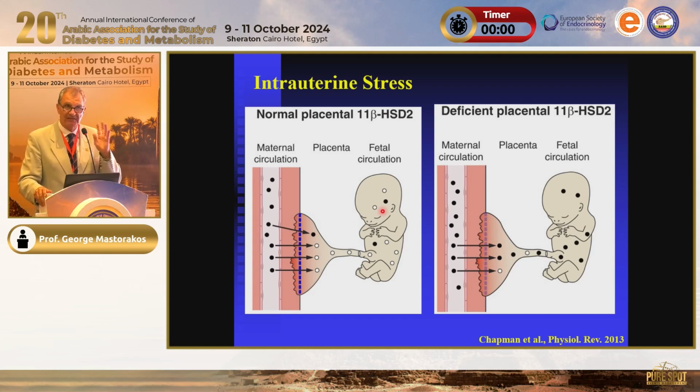And the placenta has a possibility to block this passage of maternal cortisol. How? By using the famous 11-beta hydroxysteroid dehydrogenase type 2, which transforms cortisol to cortisone and inactivates it. But if a problem appears in this barrier, then the cortisol will go to the baby.